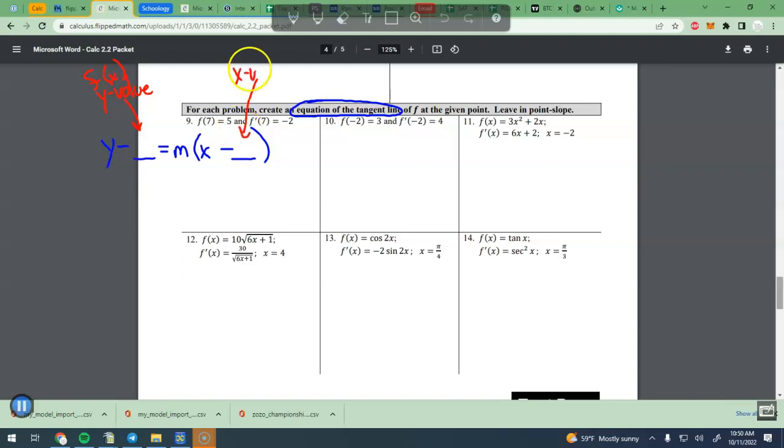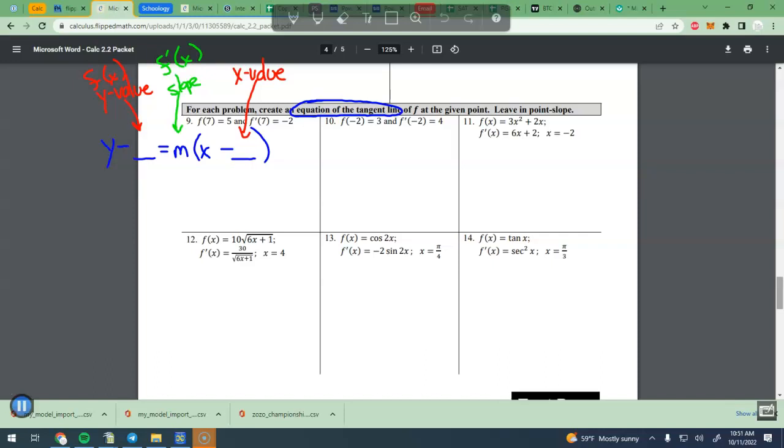This is the x value, which is x. And then this is your slope, which comes from f prime of x. So if you give me a point and then a direction, a slope, I can draw a line. So that's what this is giving you, basically a point and a direction, then you can find the equation of that line.